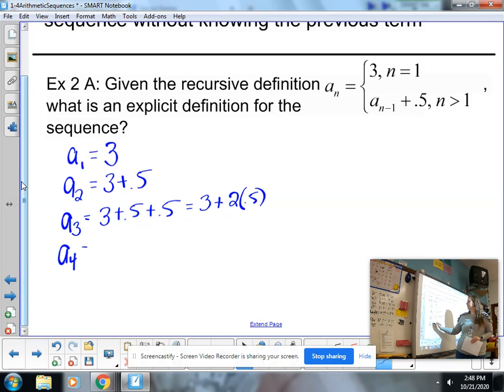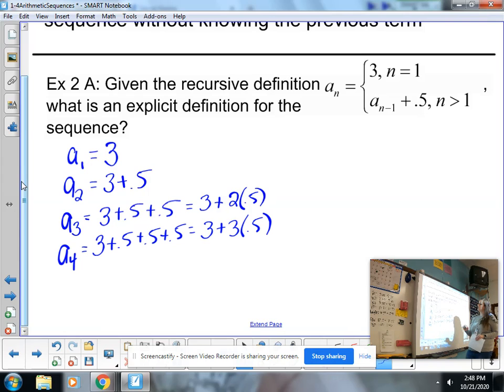The fourth term, I'm taking and adding another 0.5. So now I have 3 plus three 0.5s. If I look at the fifth term, that's 3 plus an additional 0.5. So that's 3 plus four 0.5s.